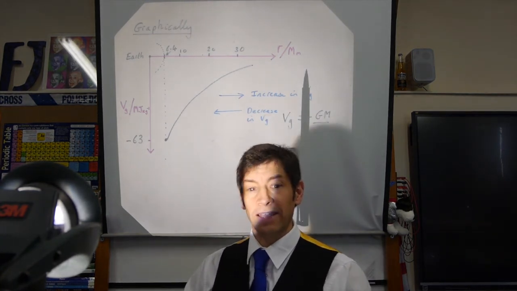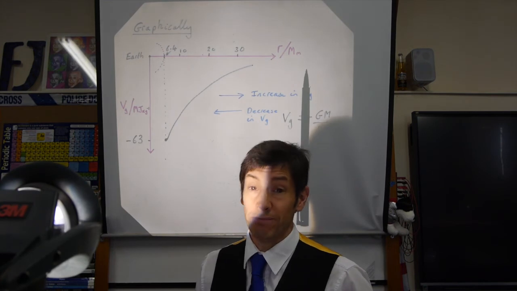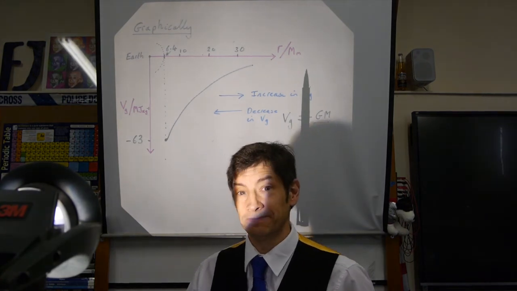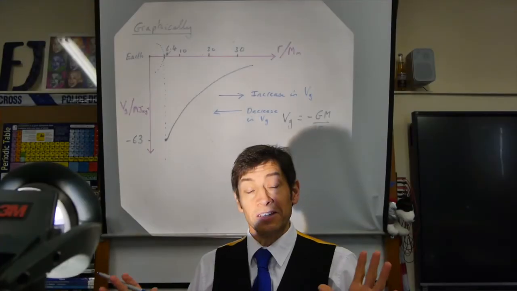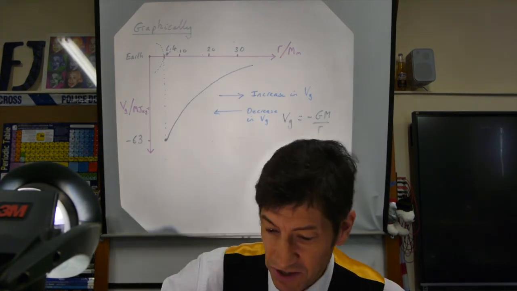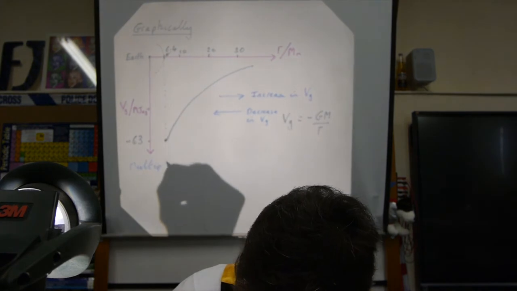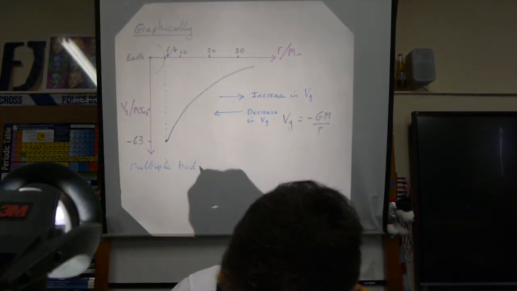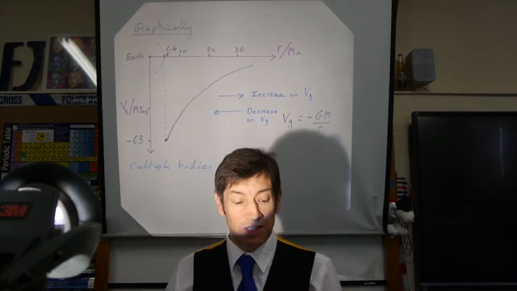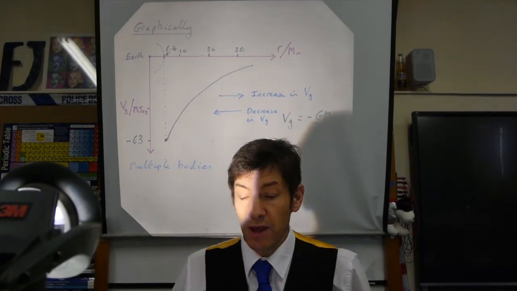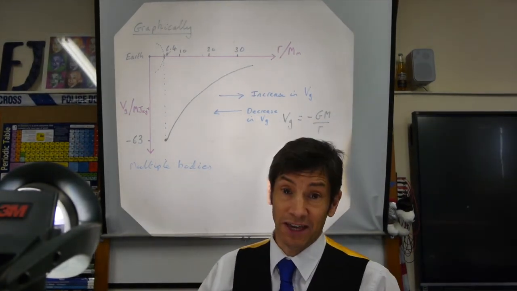So what we'll do next is look at a situation with multiple masses. I did say, what happens if we have multiple bodies? Let's keep it simple, maybe the Earth and the Moon, but there may be more objects we need to take into account.